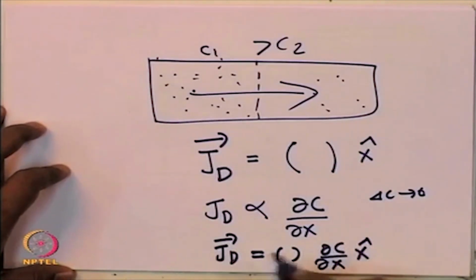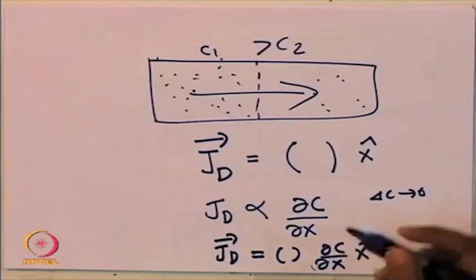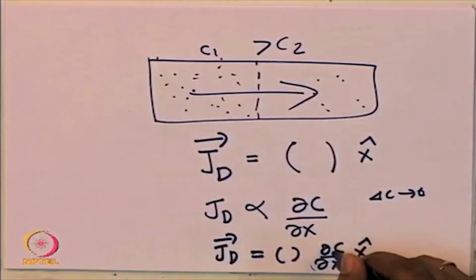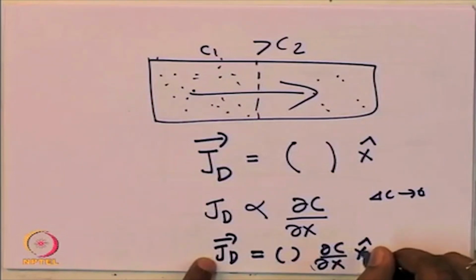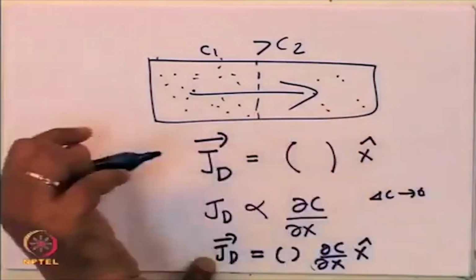So, what would this mean? This is some proportionality constant which we have defined. This would mean that this is a negative quantity. Because del c by del x is already negative, we found that, this would say that it goes in the minus x direction, because a negative times x cap would mean that it goes in the negative x direction, but that is not true, it is going in this direction.